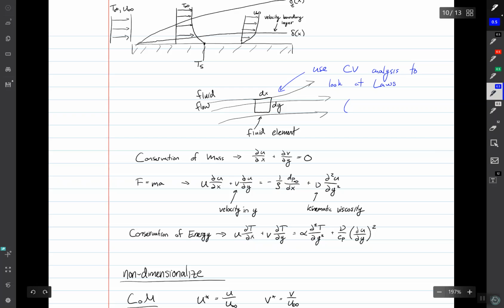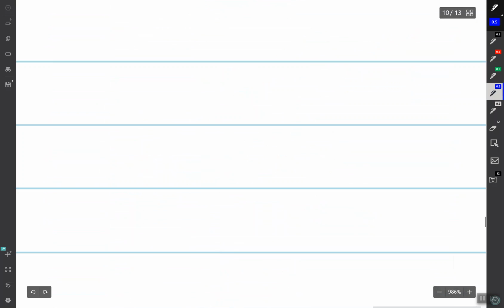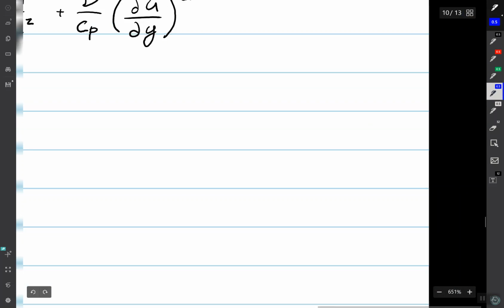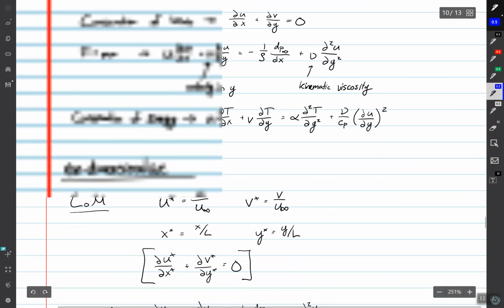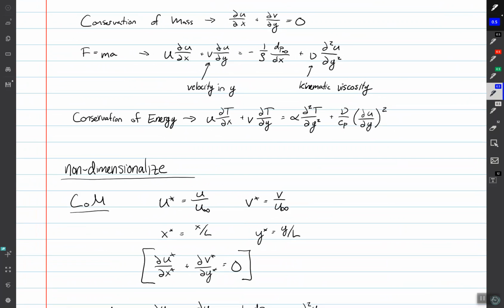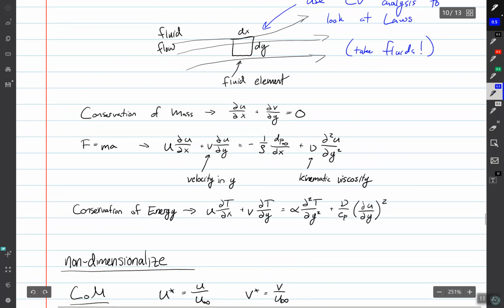Little plug for fluids. Take fluids if you haven't already taken it. That's what we do a lot in fluids. We've also done that some here in heat transfer, basically the same methods that we used to get the heat diffusion equation.